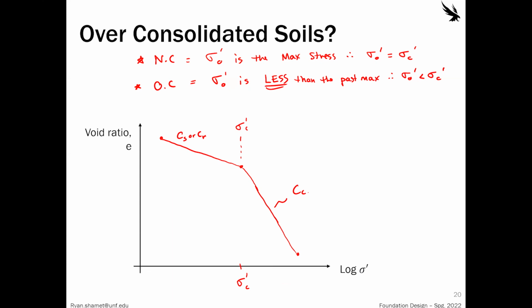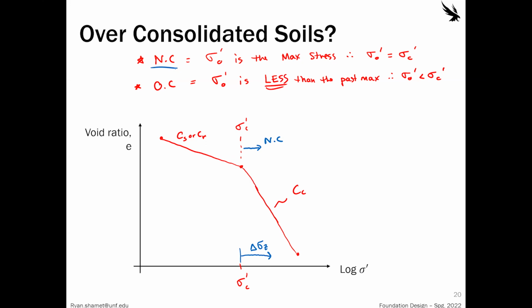If it's normally consolidated, we are always going to be greater than our sigma C. So we're always going to be on the Cc line. If we are starting at this point and adding a delta sigma z, then we're always going to be traveling up the compression index.